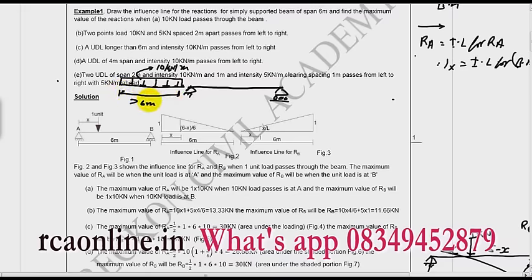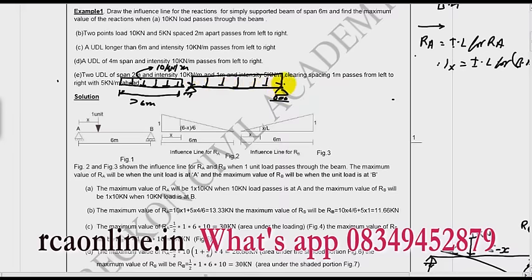Then I have to find under what condition RA will be maximum and RB will be maximum. So what I have to do? Since the span is longer than the span of the beam, it will completely occupy the loading.